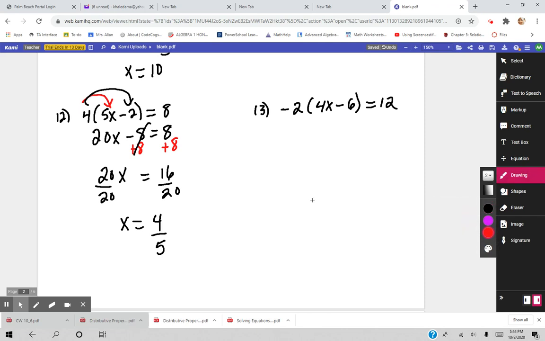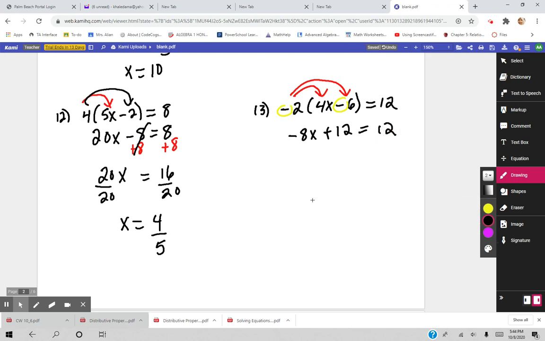All right, last one. Distribute. Get negative 8x. Distribute. Be careful. You have a negative here and a negative here. So a negative times a negative is going to be positive. So this is going to be plus 12 equals 12.